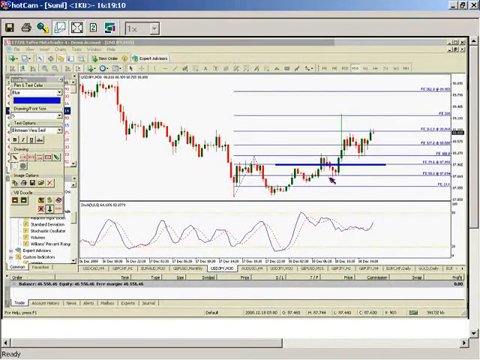This pullback has been held by the 50. It could even be held by a 23 for all you know. It doesn't really matter. What matters is, as a trader, as a thumb rule, you are aware that if price breaks 78, the possibility of going to 127 is very high. So you are going to ride this pullback.